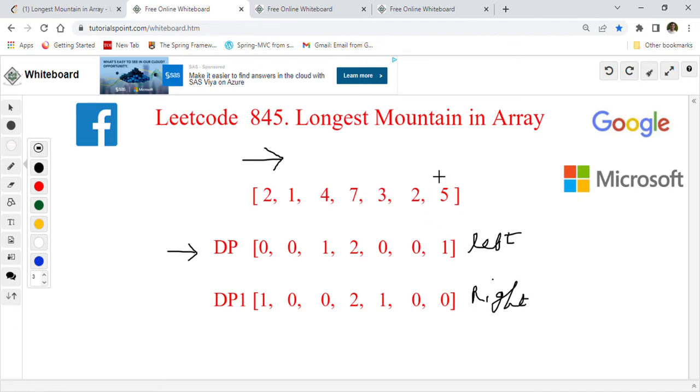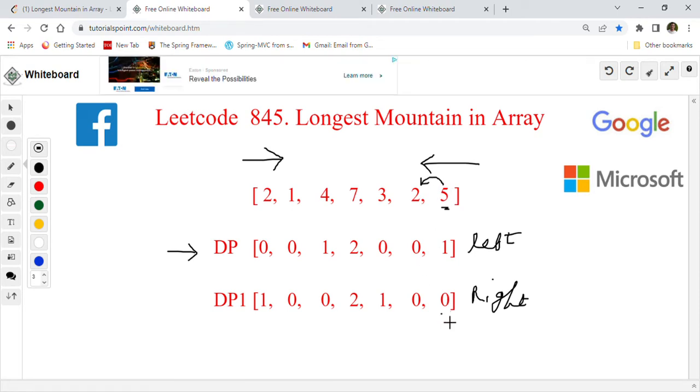So now for right side, we will go in this opposite direction, right? So I will start with this element. So I am at this element 5. I'll ask the question, is the next element greater than 5? No. First thing is I'll put 0 here, right? Is it greater than 5? No. Then I'll check this too.